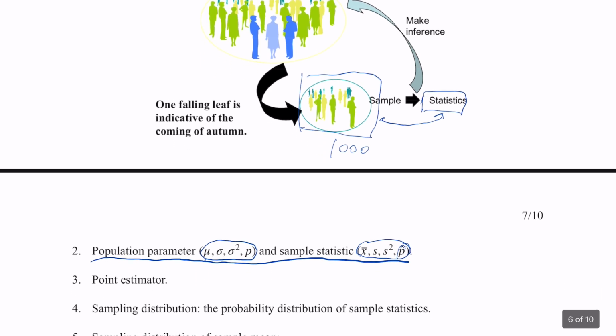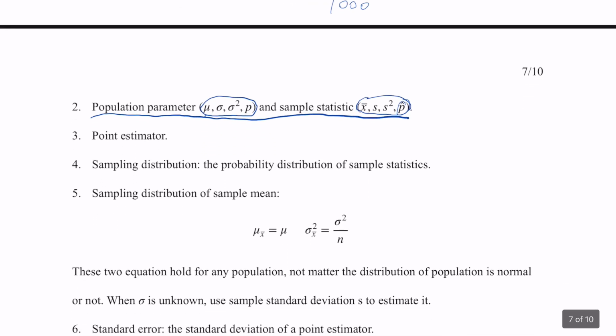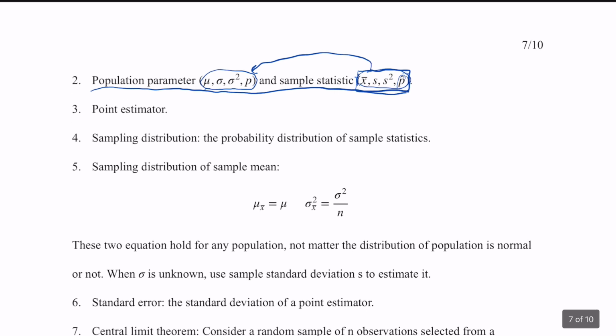Okay. And then it's a point estimator. Of course, you can see from here, each one of these is a point estimator of the population parameter, right? So we come to sampling distribution. So we don't know the population parameter, okay? Then we will study sample statistics.